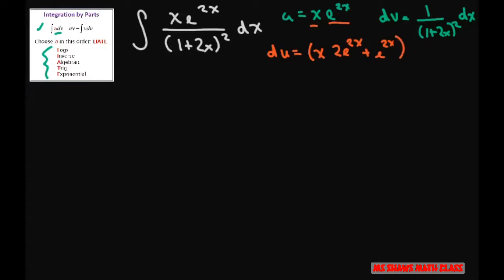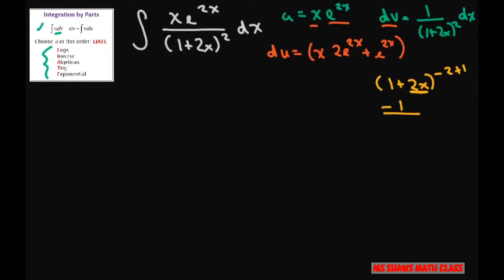And the antiderivative of this part, remember that this is really 1 plus 2x to the negative 2 power. So to take the antiderivative of it, you're going to need to add 1. So that's going to be negative 1. So you're going to get negative 1, and then you have to take care of that.